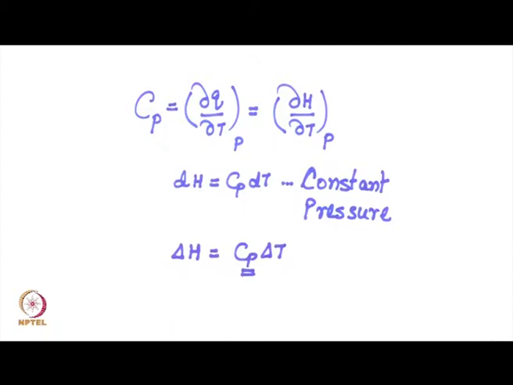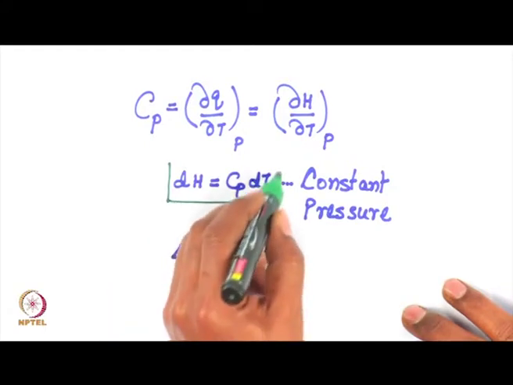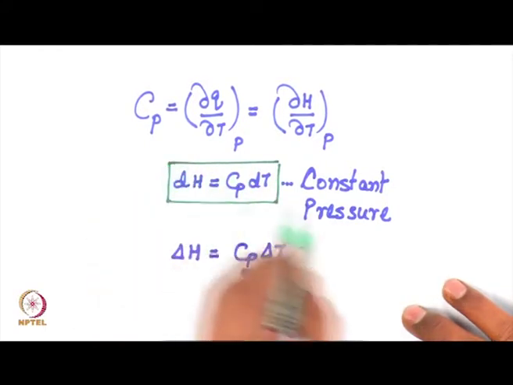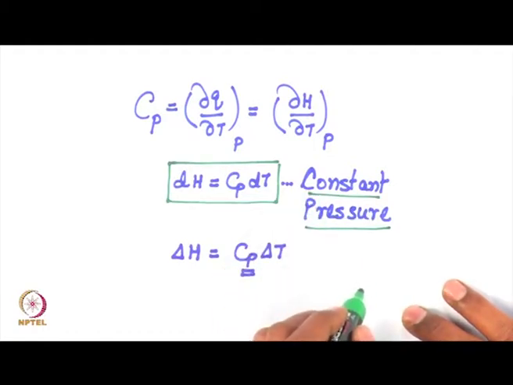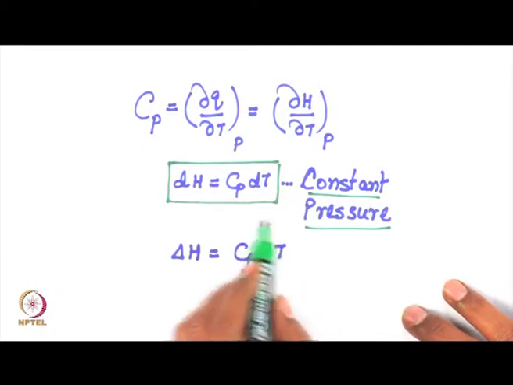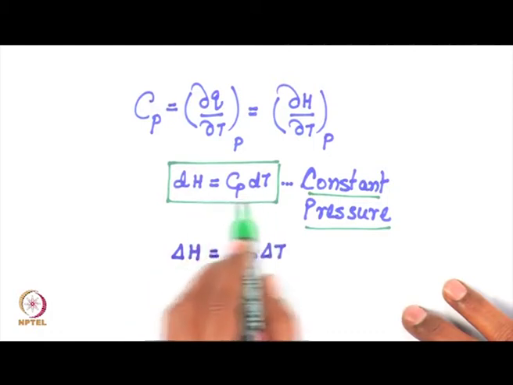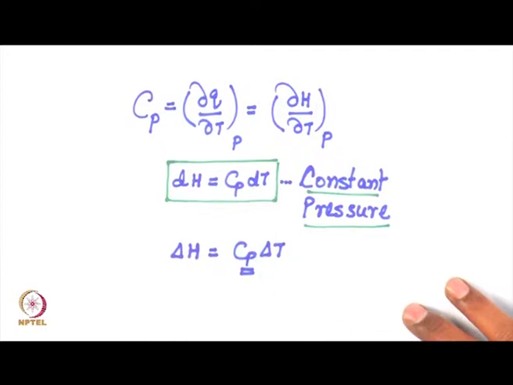So here again, this equation dH is equal to Cp dT at constant pressure is always applicable as long as you hold the pressure constant. However, we will demonstrate later on that if you are applying this to a perfect gas, then this always holds true. You do not have to hold the pressure constant; this equation can be straight away used for a perfect gas.